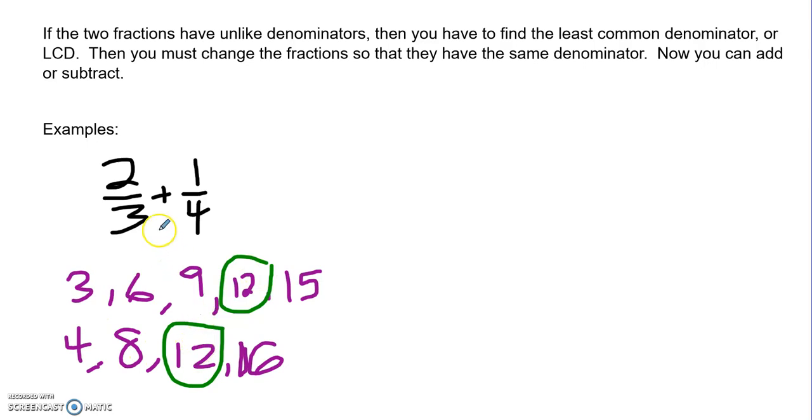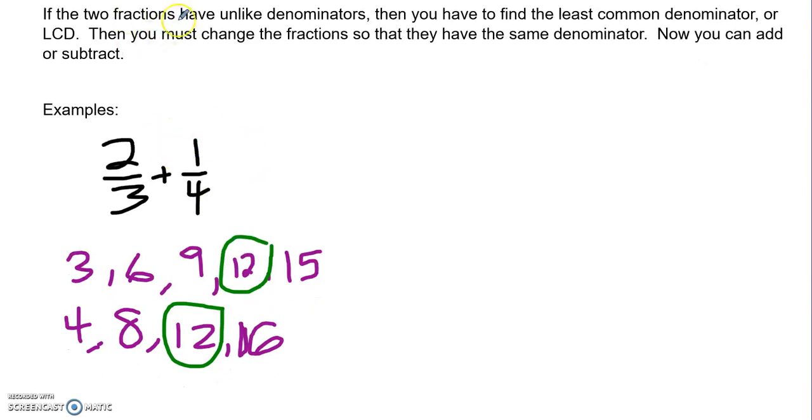So I want to change both of these denominators into a 12. I want them to be equal so that I can add the numerators. I'm going to change the fraction 2 over 3 first.